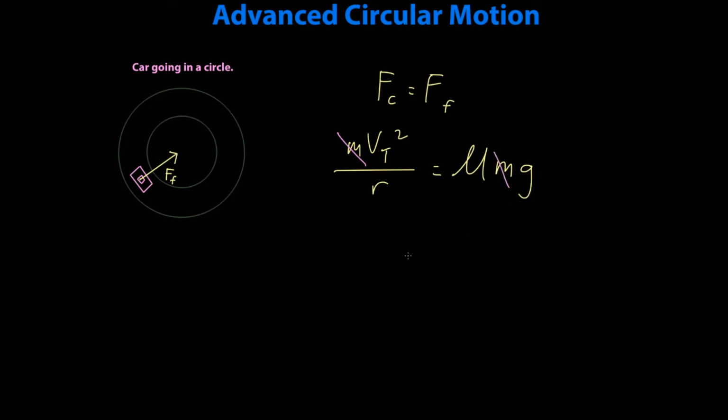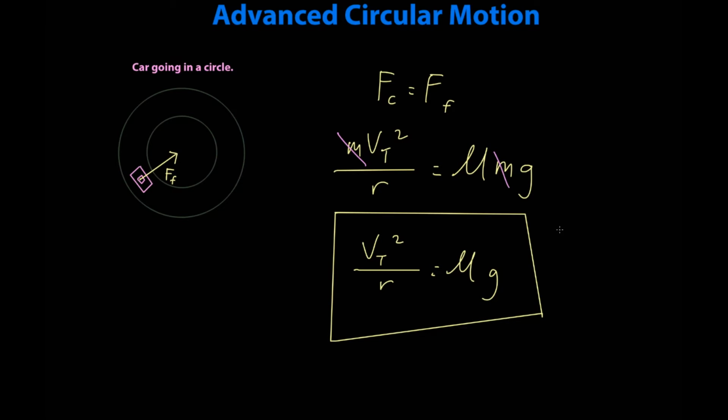In that case, masses cancel. I have vt squared over r equals mu times g. From here, rearrange and solve for whatever you're looking for, and that is typically mu. Or they can give you mu and ask you what is the highest velocity this vehicle can move at without slipping.